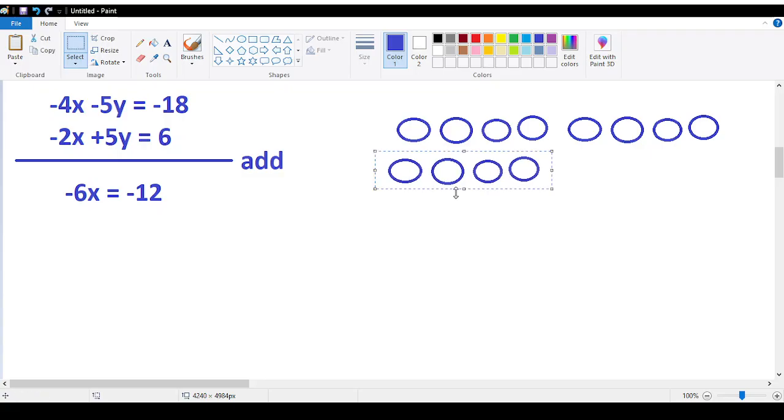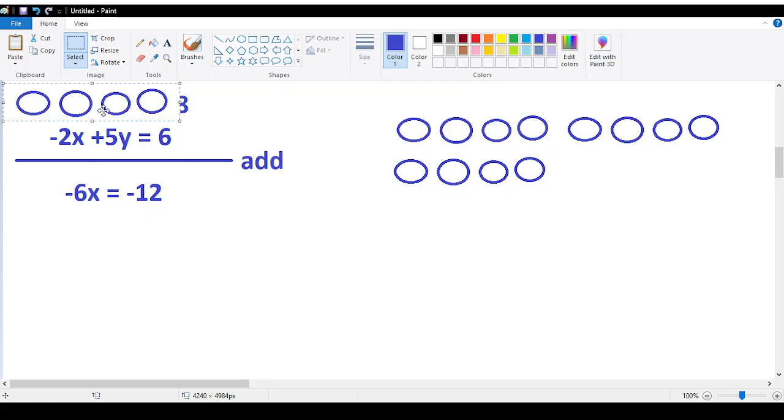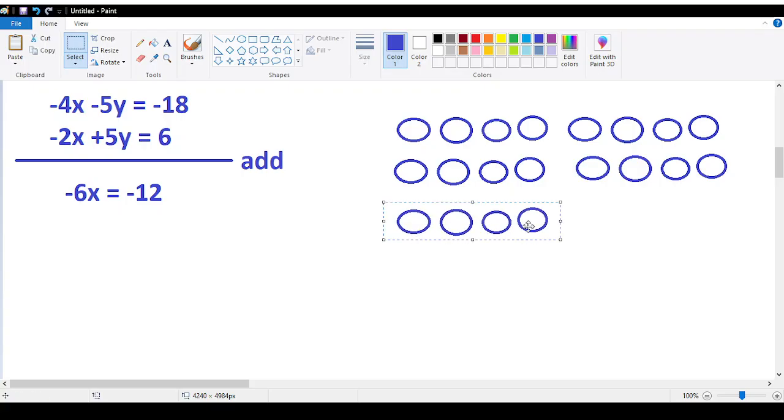So you will do it mentally. 4, 8, 12, 16, 20. Okay. All of these are negative, Shamsa. See, negative, negative, negative, negative. All of these are negative.